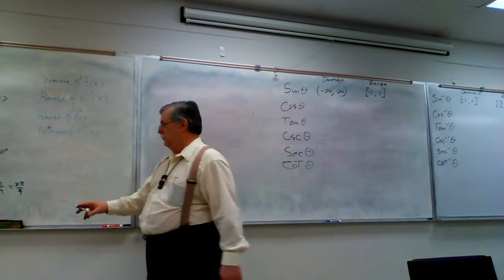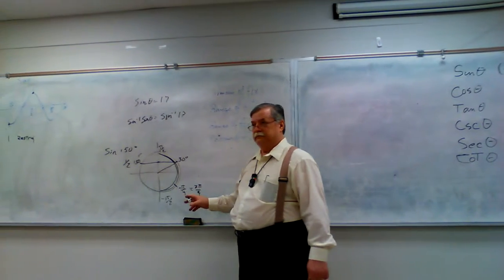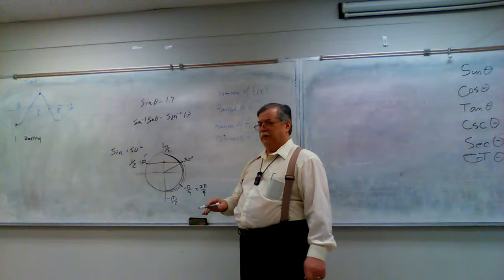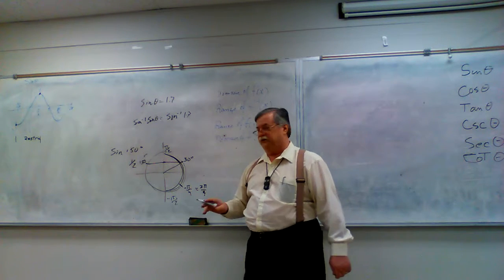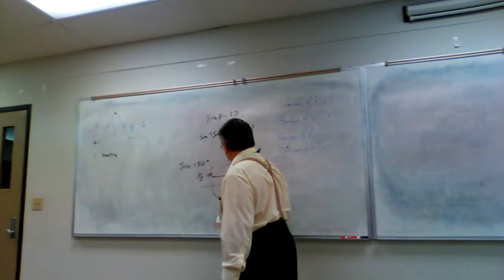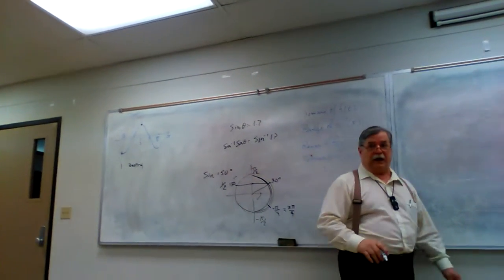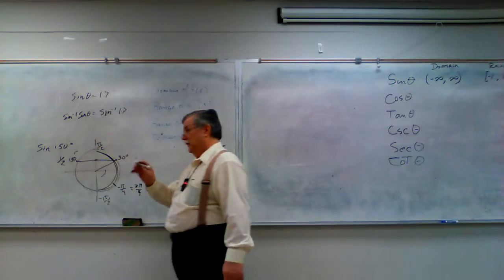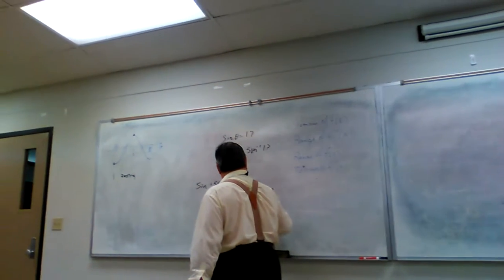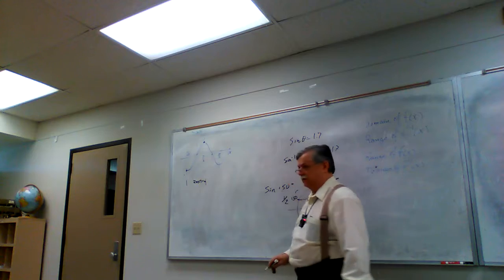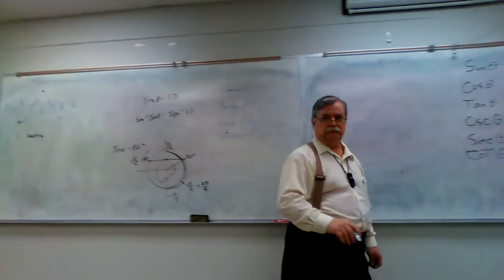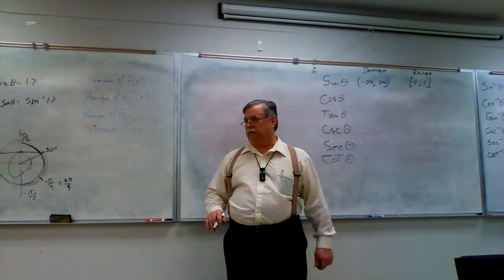Strictly speaking, if you wrote 7 pi over 4, it wouldn't be wrong, but technically speaking, it's not really correct, because 7 pi over 4 is equal to minus pi over 4, but it isn't actually the same. This is minus pi over 4. This is 7 pi over 4. Okay?